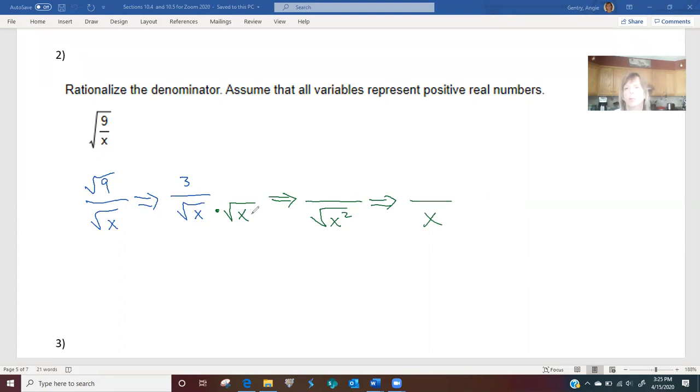But for you to be mathematically correct, you gotta multiply the numerator by the same thing, right? Because that's essentially multiplying everything times 1, meaning it doesn't matter. So what are you left with in the numerator then? You have a 3 square root of x, 3 square root of x.